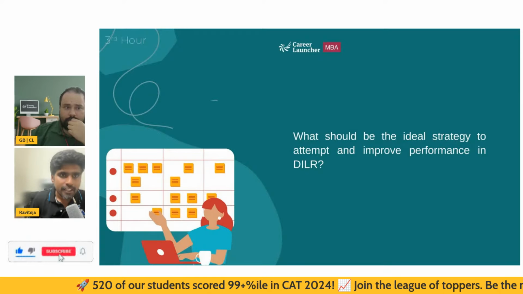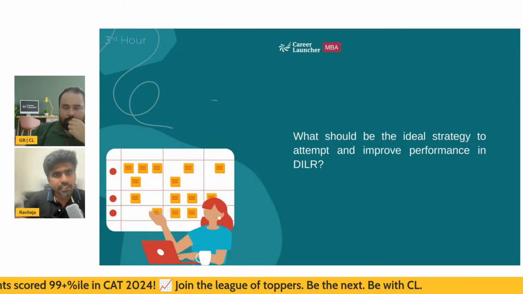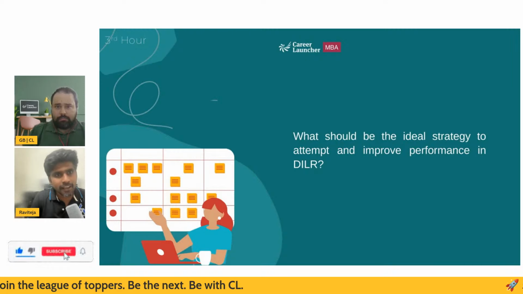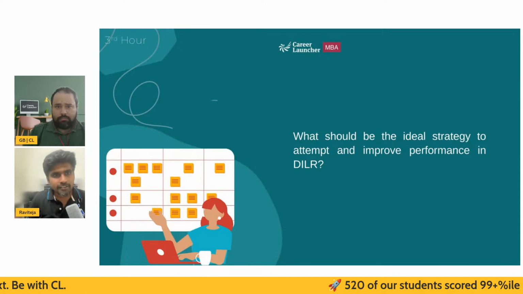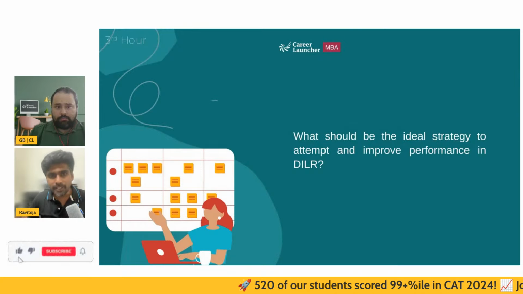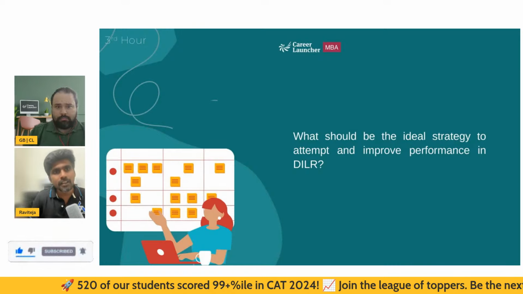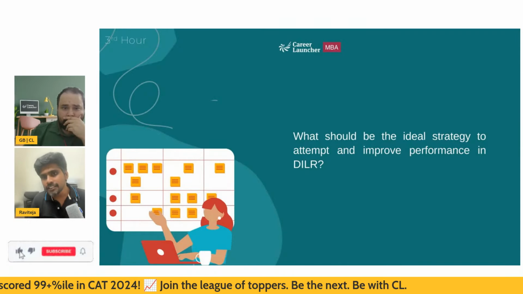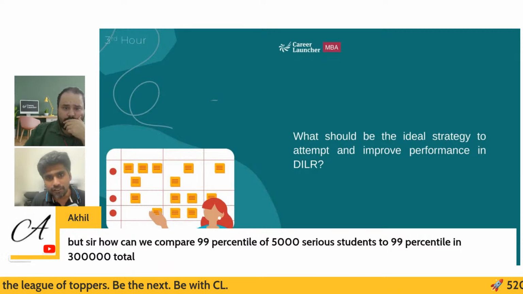If you compare CAT 2023 versus 2024 in DILR, it was a completely different ball game. It was like someone was playing in Lucknow versus someone was playing in Bangalore. Those different pitches and stadiums it was. But at the same time, VARC last year was comparatively tougher as compared to the previous year. So these changes happen, and you will always find different levels of difficulties.